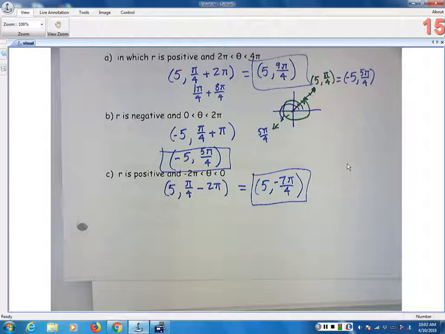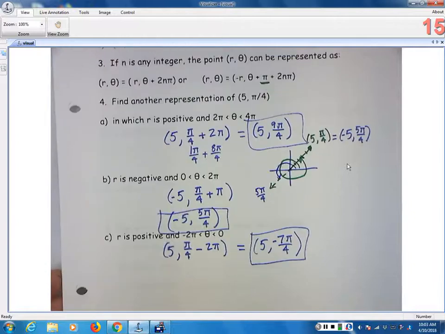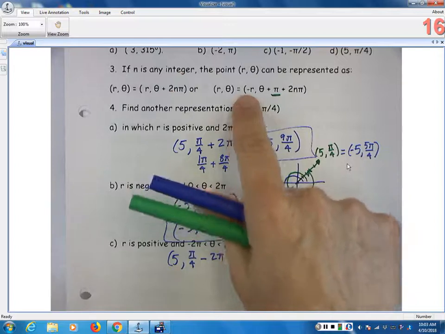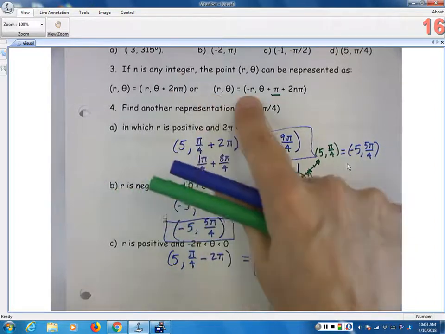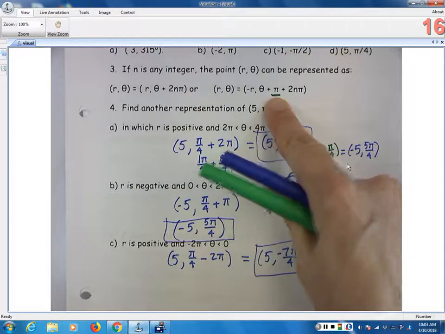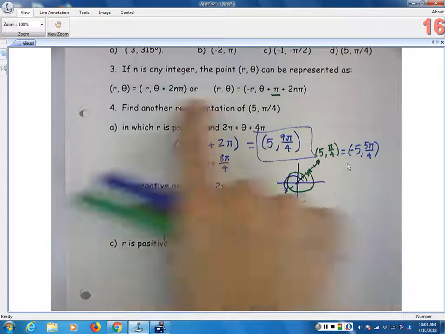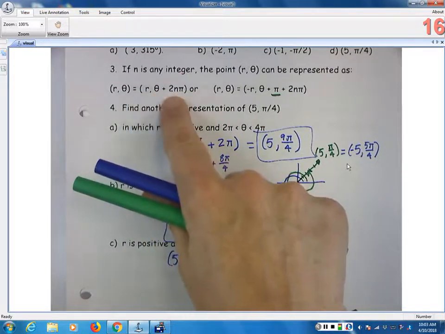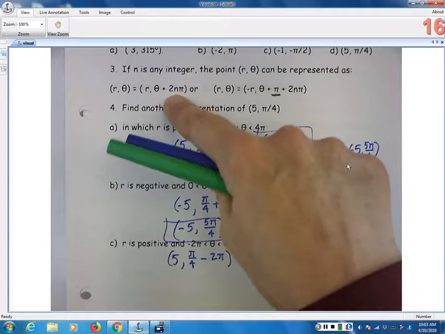Why does it say above negative r, theta plus pi plus 2n pi? Oh, you're just going to add pi. Well, whenever r goes from positive to negative, you have to add an extra pi in there. But here we kept r positive, so that's why I added 2 pi, or subtracted 2 pi.